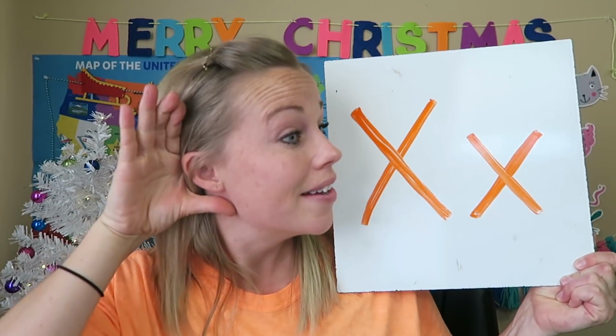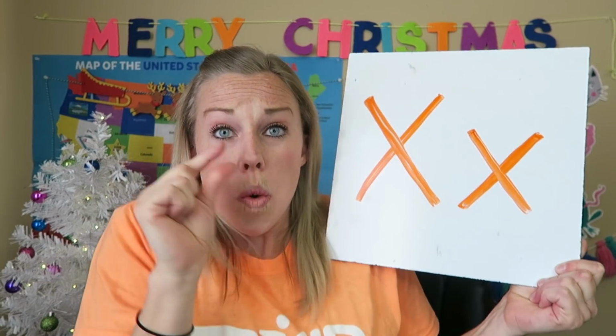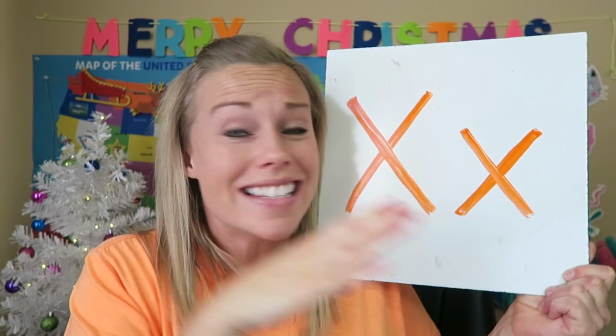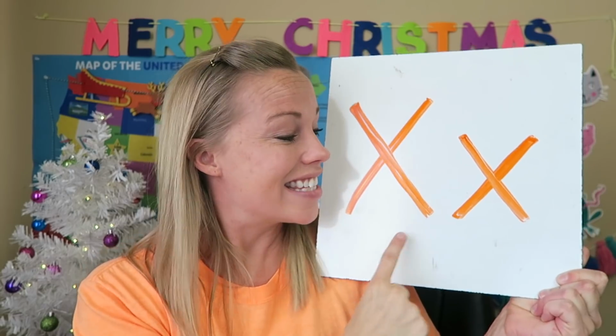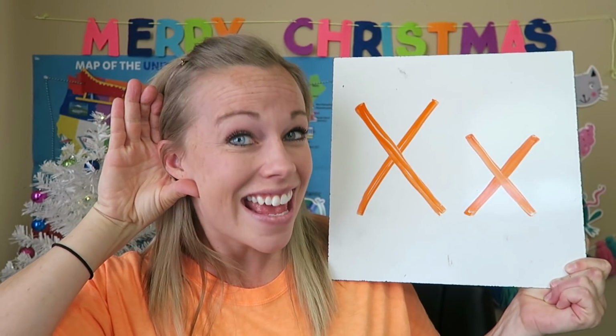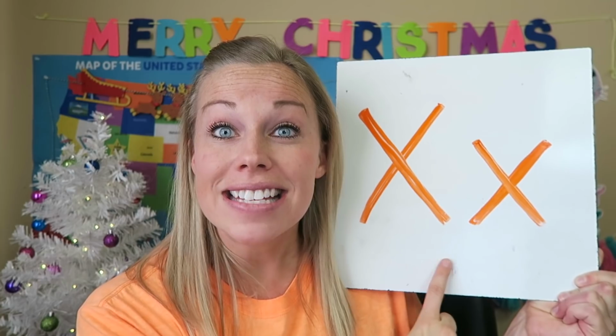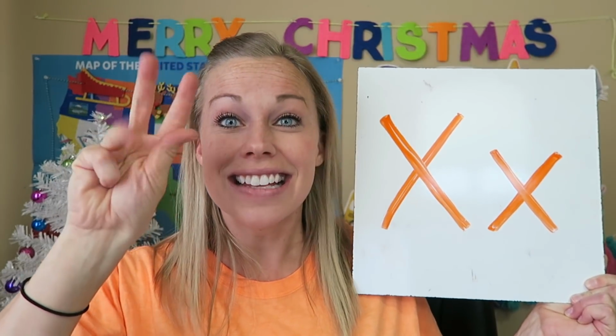Big X. Small X. X makes the sound X. I need to use the sentence X makes the sound X. Or I could use it on another slide when I did the review slide, and I could say K makes the sound K. But that is your objective sentence that you're teaching today, so make sure that you use it.